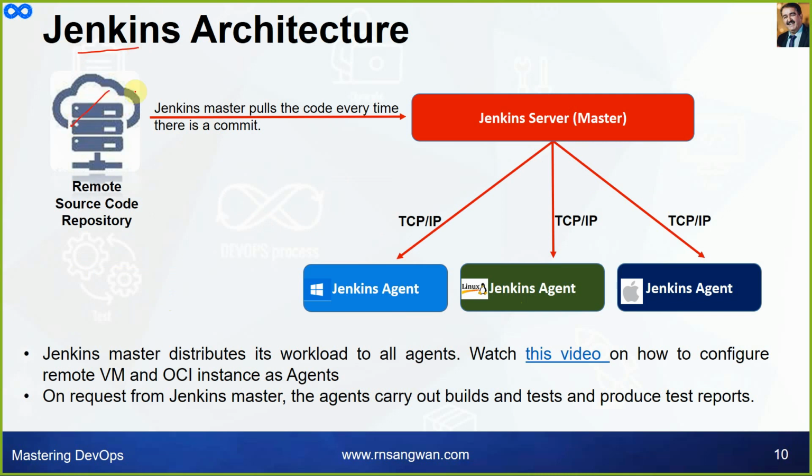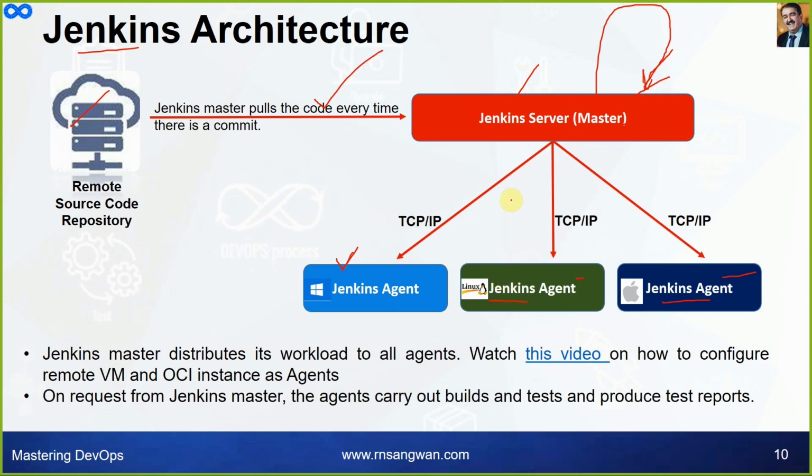Remote source code repository. Jenkins masters pull the code, and using the TCP/IP protocol, a Jenkins agent will be used to build the code, or you can use the master as an agent. I repeat, you can use the master also as an agent, or you can use a Windows machine, or a Linux machine, or a Mac machine as an agent, or you can also use any cloud instance as an agent.